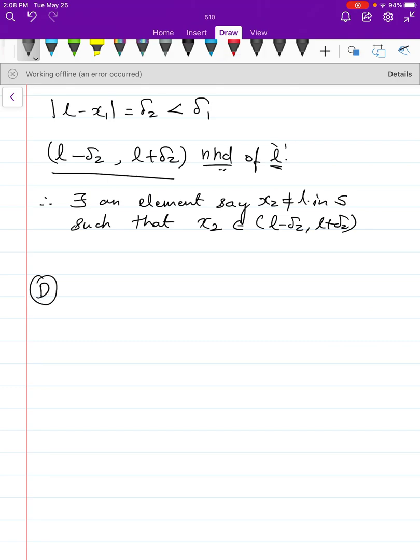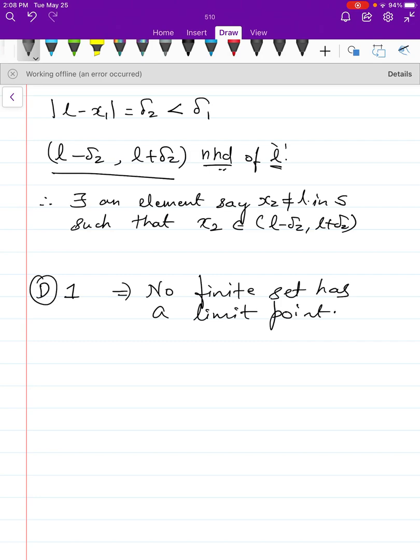So definition 1 interprets some results. It says that no finite set has a limit point. Correct? So other than the limit point, you should have an infinite number of elements inside the set, so any finite set will not have a limit point. And this statement doesn't mean that every infinite set should have a limit point.